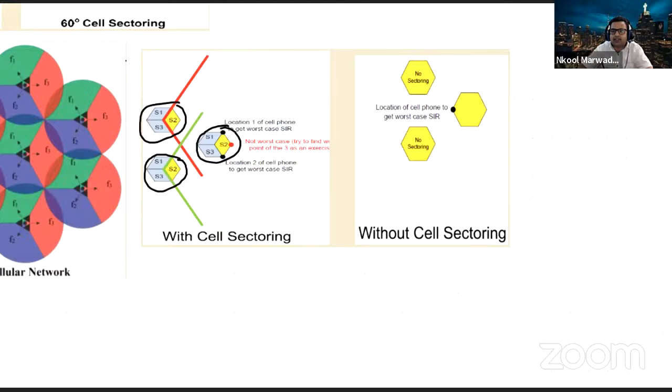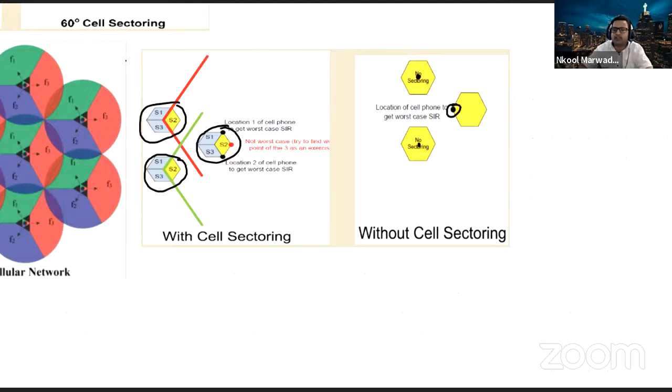Now if I assume that the base station is in the center, and these base stations contain powerful antennas, we know that in the boundary region, the mobile station experiences the signals of the neighborhood cells also, and its own cell also. That is where the interference will take place.